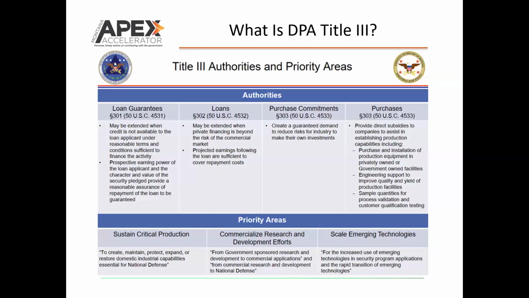Because of DPA Title III, contractors may receive loans, direct investments, purchase commitments, and other assistance to help address actual or projected shortfalls in the domestic supply of certain industrial resources and critical technology items. This slide goes more into depth on these authorities and priority areas. Take a minute to review this slide.